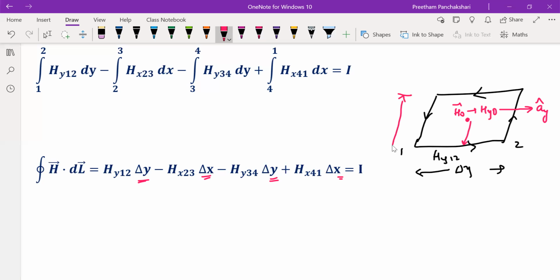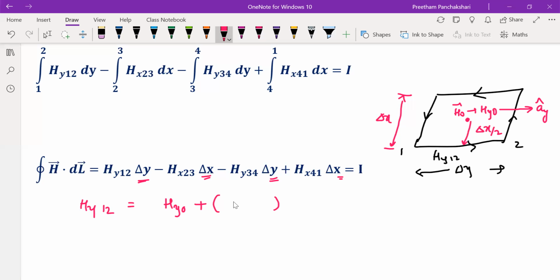This is delta y by 2 from the midpoint. So Hy0 undergoes some change in its value while traveling a distance of delta y by 2. So I can suggest an equation for Hy12 as its initial value Hy0 at the midpoint, and we have to write here the change in Hy0 to become Hy12.